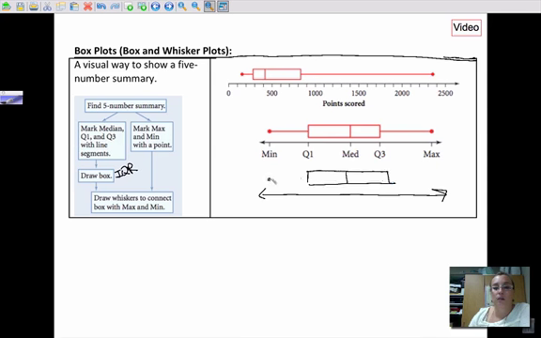Then you would mark your minimum and your maximum, and you would show a whisker going from the minimum up to that Q1. Okay, so that's what a box plot shows. It shows the 5-number summary in kind of a visual way. And once again, we do need that label and we need that interval marked consistently. Okay.